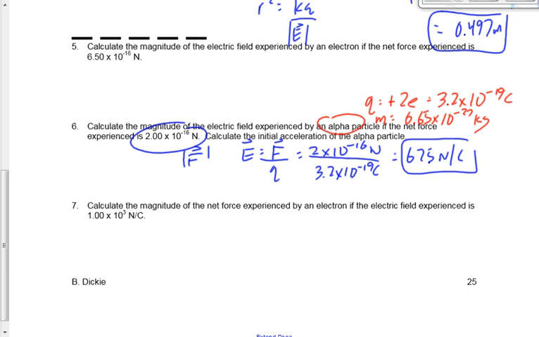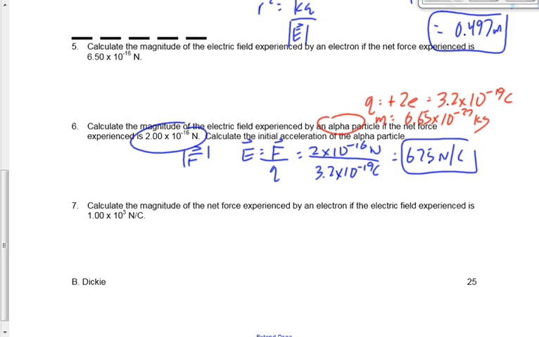Now, we want to find the acceleration. I've told you guys, every time you want to find the acceleration, physics 30, do this. What is it? Every time you want to find acceleration, what should you try? Every time. Terry, you got it? Yeah.